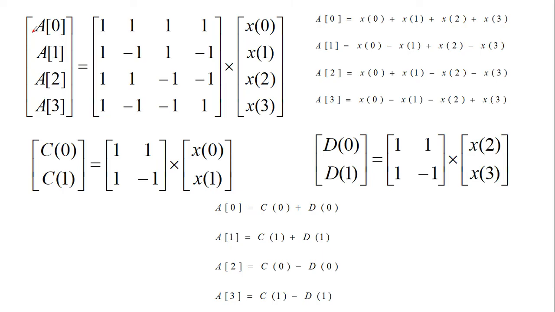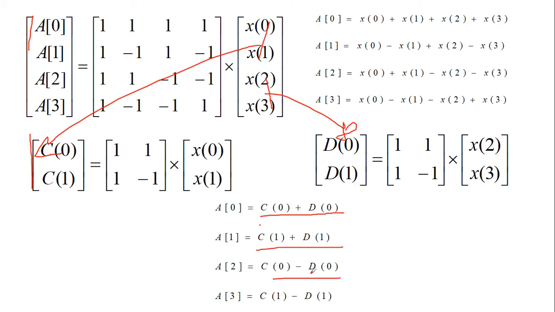So here this A0 again splits into C and D, and this x0, x1 for C and this x2, x3 for D. The same operation that we applied when n equal to 4. And again we can write down that A0 with combination with respect to C0, D0, C1, D1, then negation addition, that is C0 minus D0 and C1 minus D1.